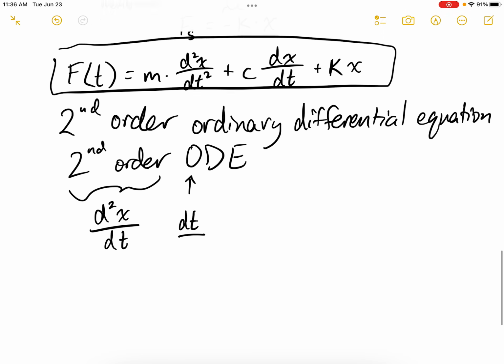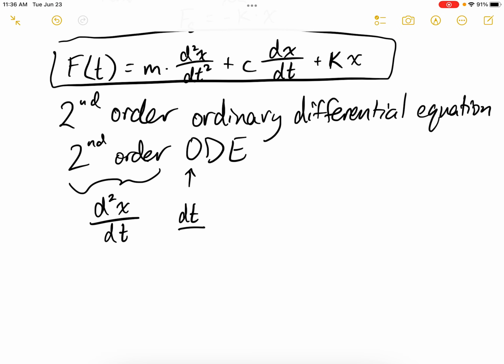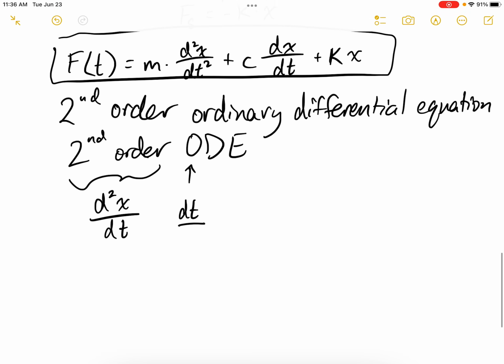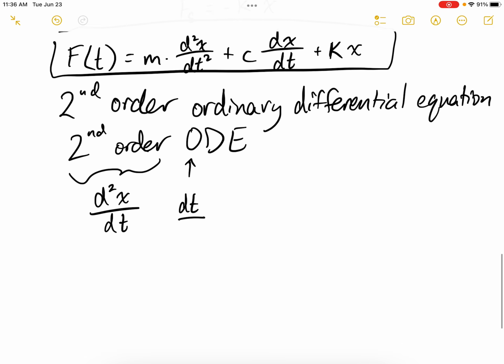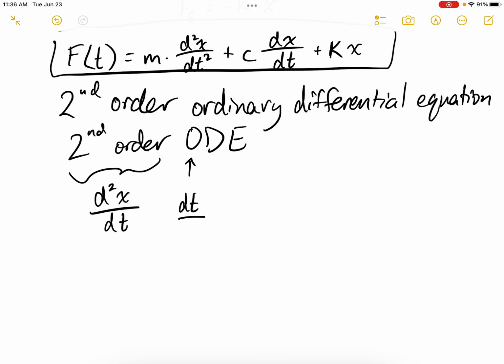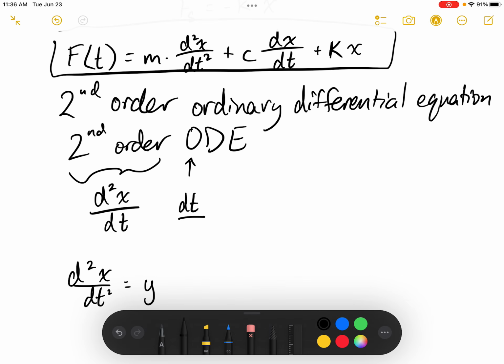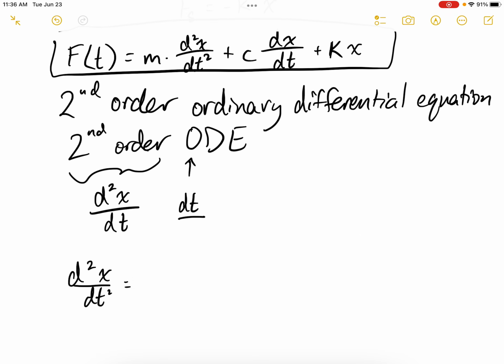Now, how do we actually solve this, right? So you may have learned in your math class that, let's suppose we say d squared x dt squared is equal to, let me change that variable here, to x double prime, right, where prime is the differential with respect to time and double prime is the second differential with respect to time.